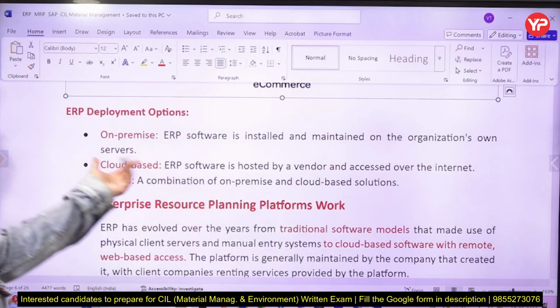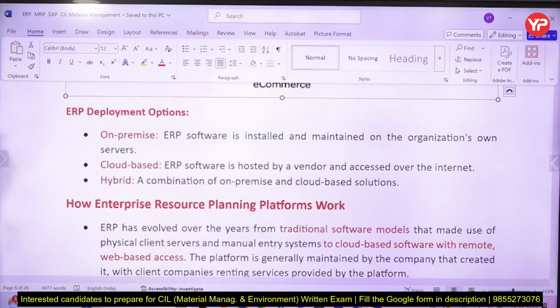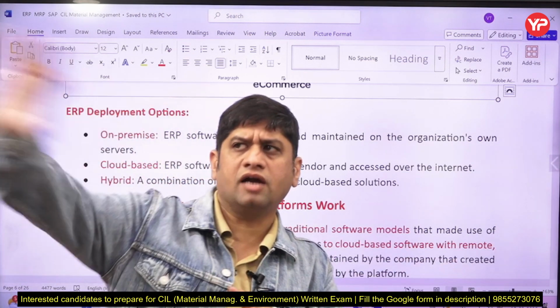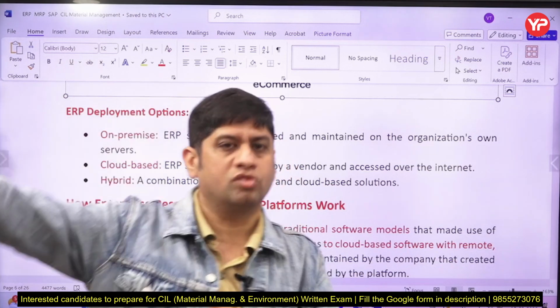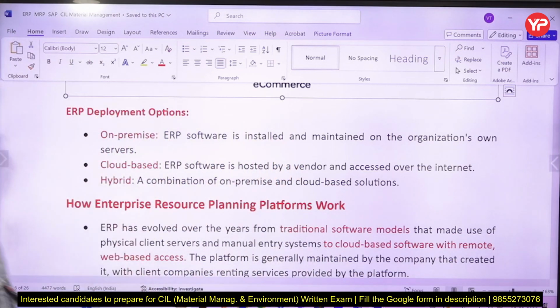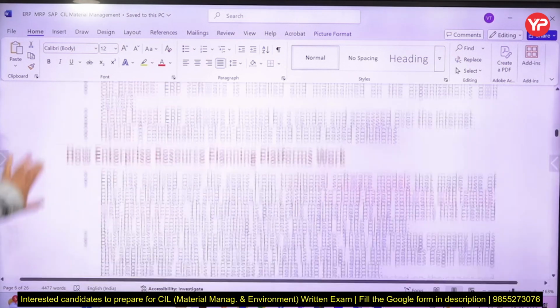So you can have your own server and keep the ERP software on that. Or you have a vendor and the vendor has the entire infrastructure and you access it through the internet. The entire data is somewhere else on cloud, meaning somebody else is managing that data. Hybrid, it can be a combination of these two. So these terminologies are important: cloud based, on premises and all.